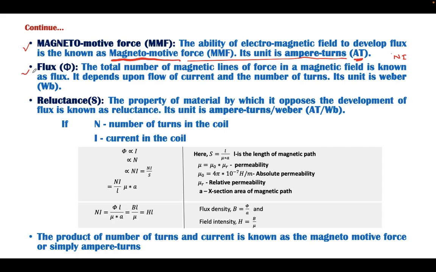Now, flux. As in the electrical circuit there is a current, in a magnetic circuit there is a flux. Flux is the total number of magnetic lines of force in a magnetic field. It depends upon the flow of current and the number of turns. Its unit is Weber. Now, if there is some motive force which causes some flux, there will always be opposition to the development of this flux.